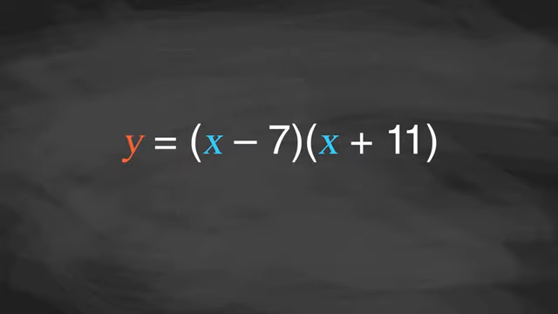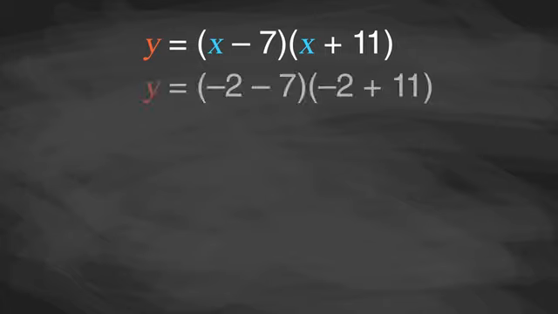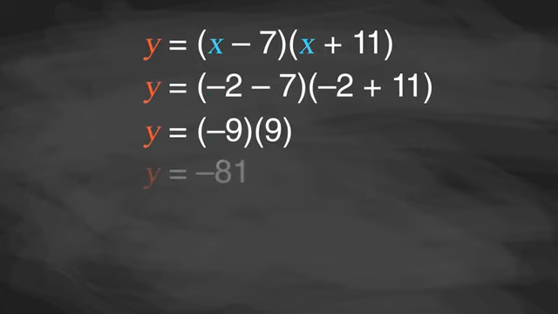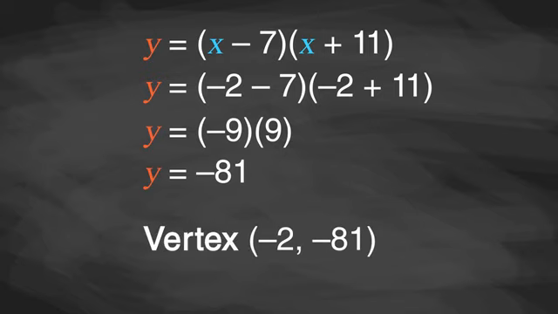Since we now know the vertex occurs when x equals negative 2, we can substitute negative 2 for x in the original equation to find the y value of the vertex. Since this results in negative 81, we know the vertex occurs at the point (negative 2, negative 81).